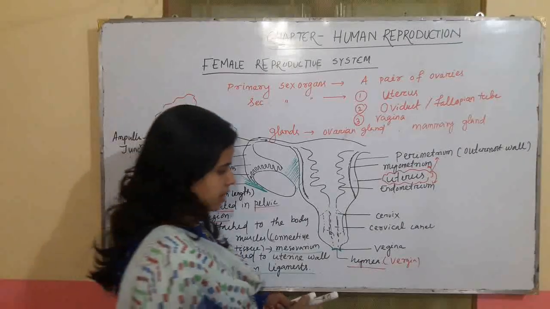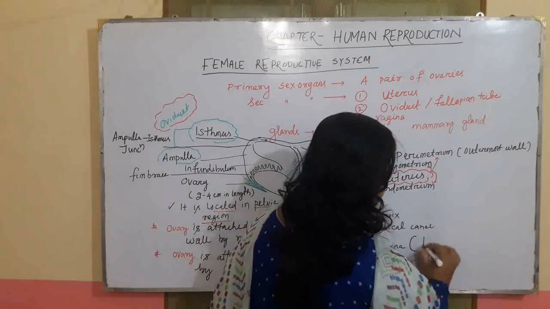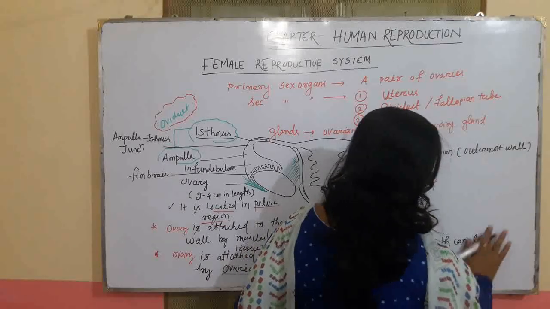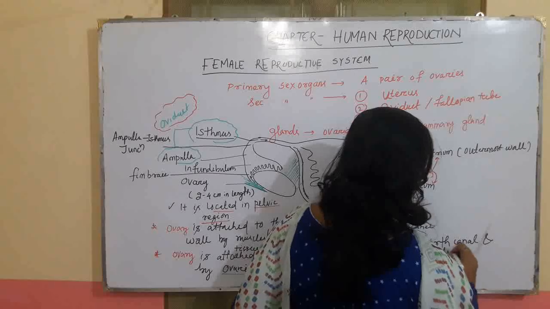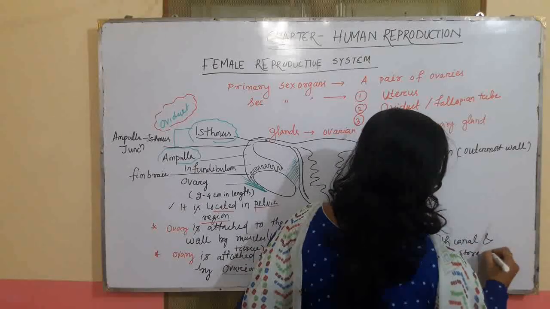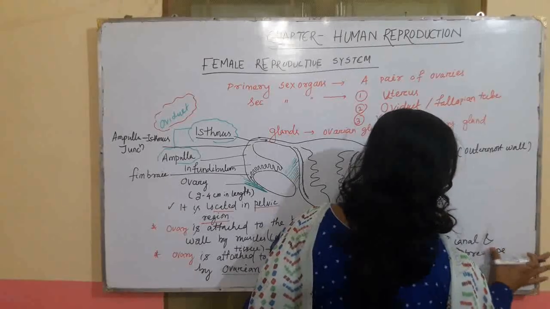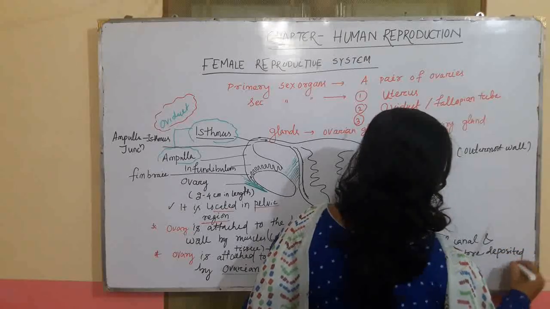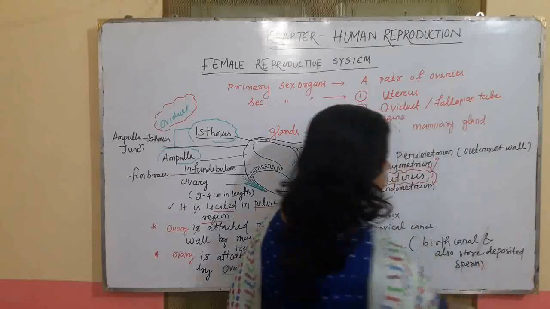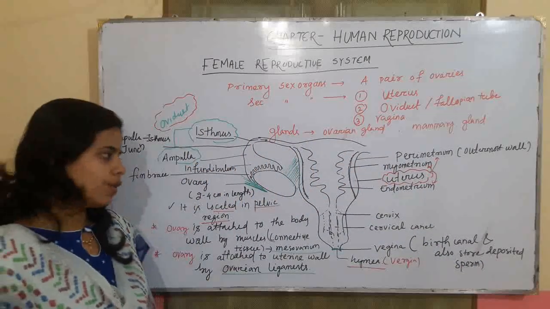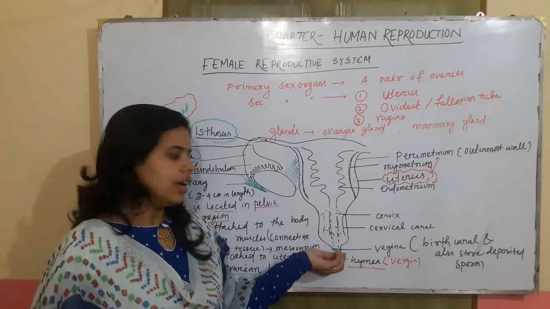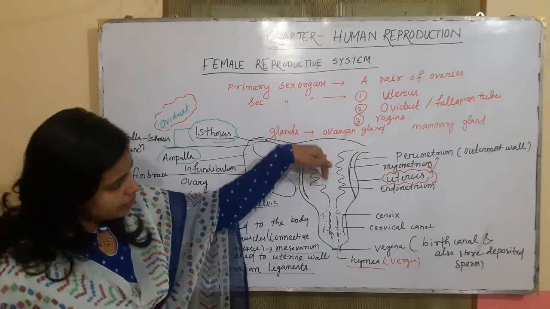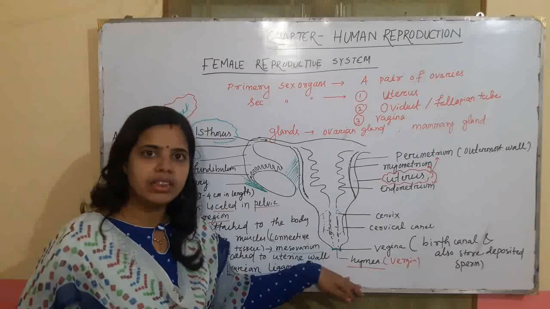This vagina acts as a birth canal and also stores or receives the deposited sperm. The vagina is the place where the sperm get deposited, and it also acts as a birth canal, because fetal development takes place inside and the fetus has to move through the vagina during childbirth.